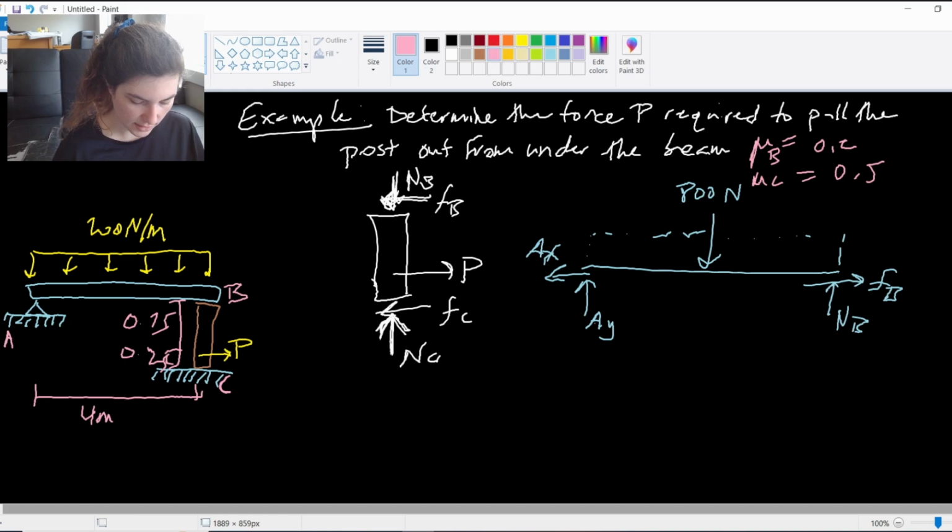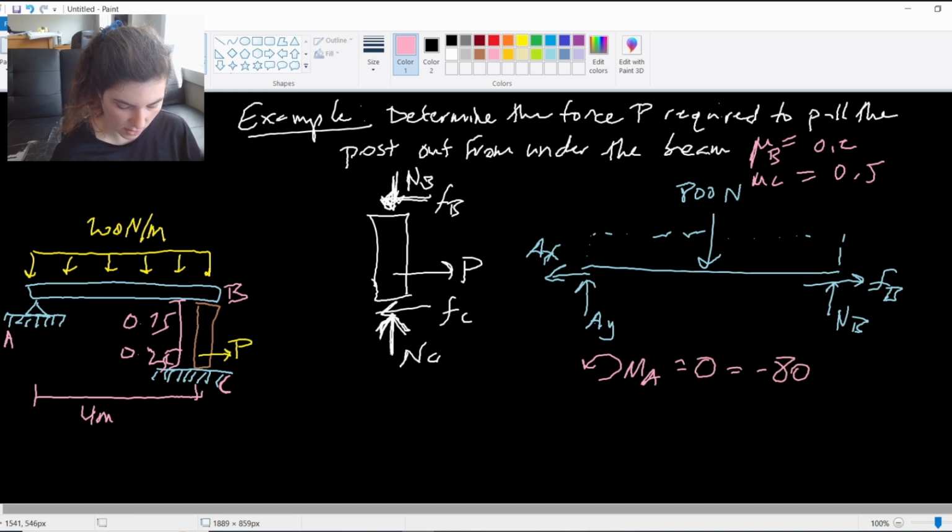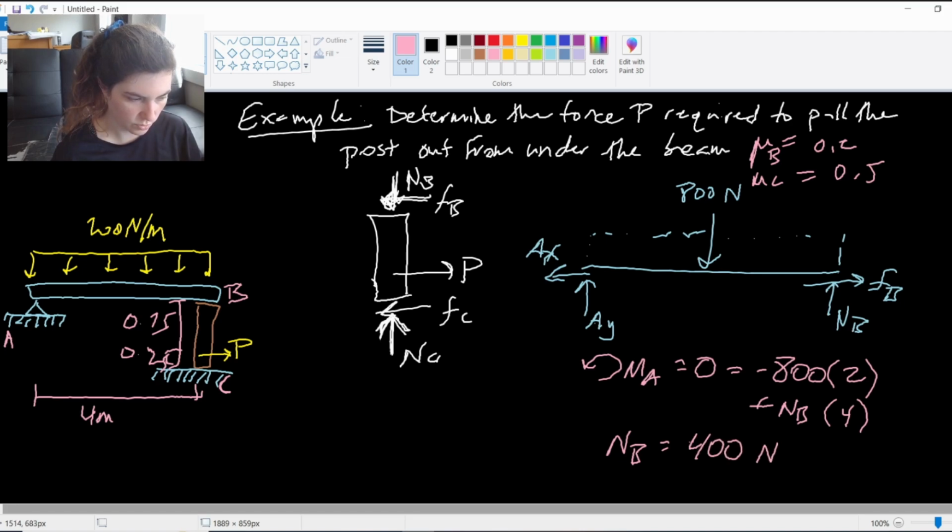So I'm going to go ahead and find my normal force at B. Take a moment about A equals 0. It's going to give me negative 800 times its distance away from A, which is 2, plus NB times its distance away, which is 4. So I know my normal force at B is going to be 400 newtons.